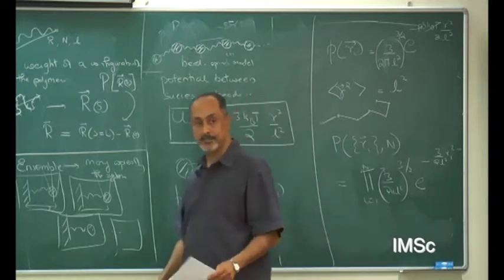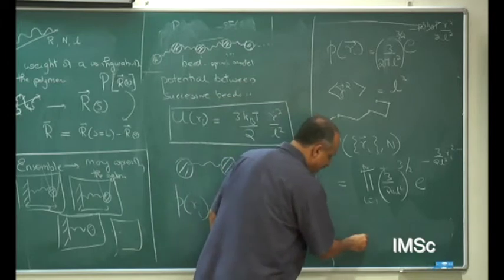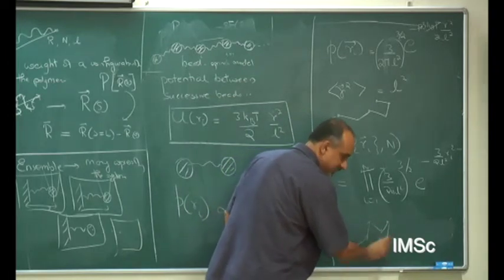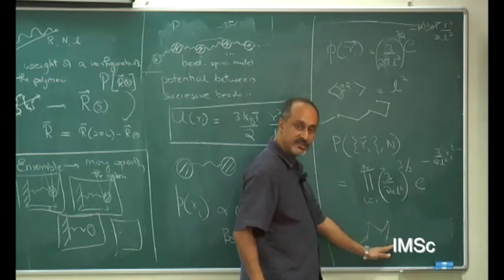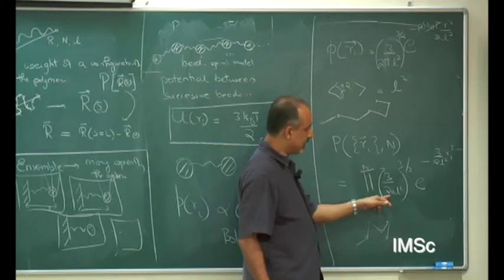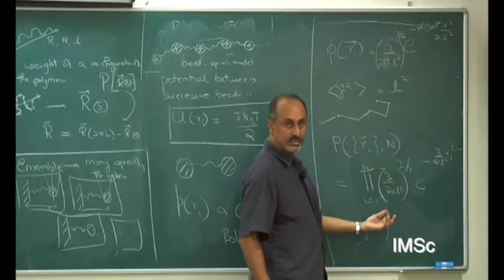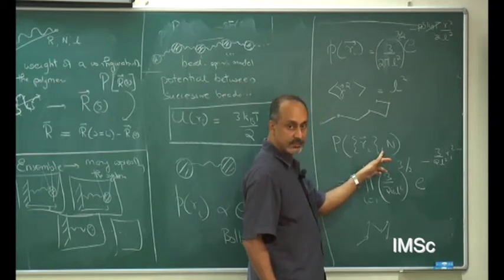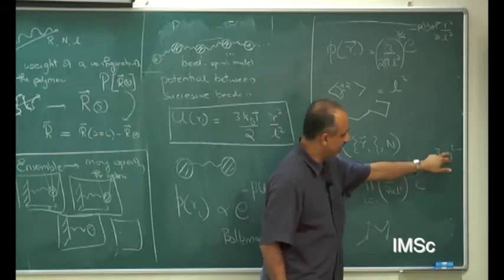Is that okay? Each of these, so I'm saying I'm going to make up these little Ri. This is the first Ri, this is the second Ri, the third Ri, the fourth Ri, the fifth Ri. Each of these are independent of each other. So the probability of having any set is just the product of their individual probabilities. So the first R1 has some value, e to the power minus 3 by 2 L squared R1 squared. The second has another value, the third has another value, and the total probability for any set of Ri, given that there are n of them, is just the product over n such terms that look like that, where i appears there.